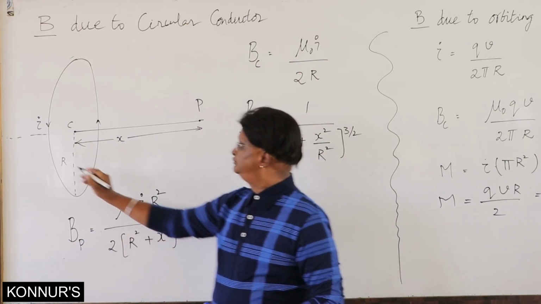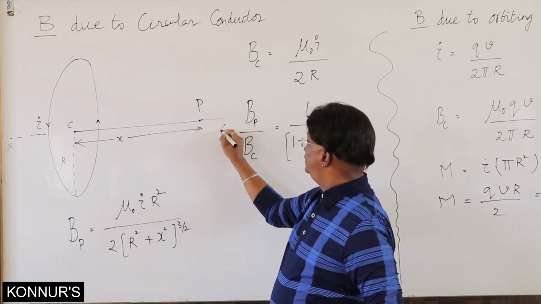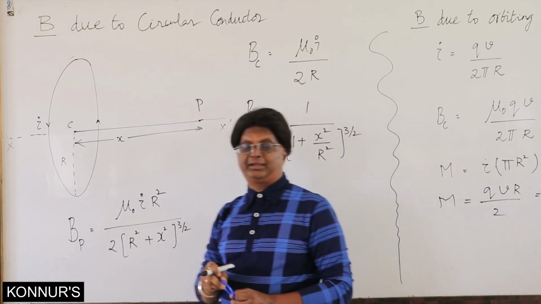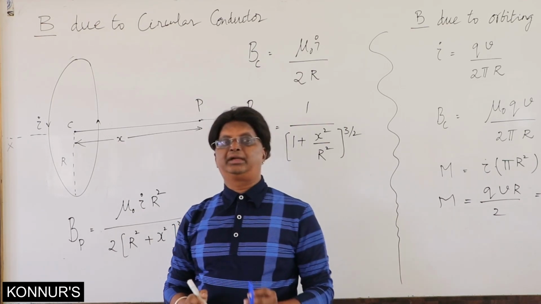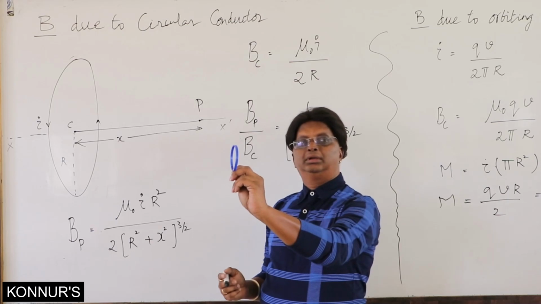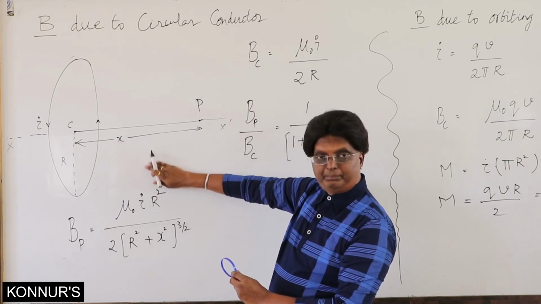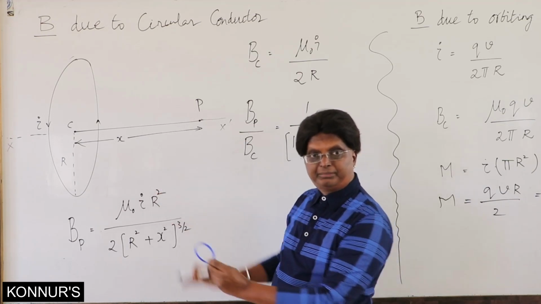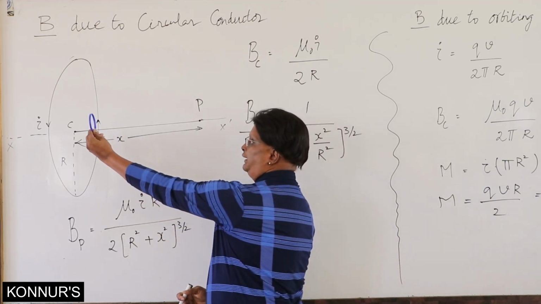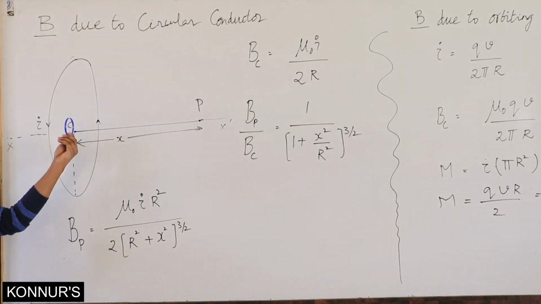Now here I have shown an axis like x dash. Supposing I call it an axis, we call it the axial line. What is that axial line? See, circular conductor, suppose this is the xy plane. If I consider the plane of the board as the xy plane, this is how I held the circular conductor.